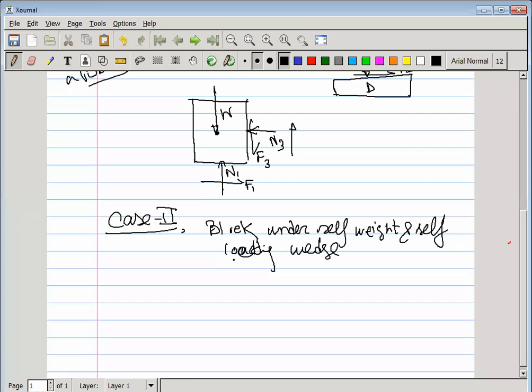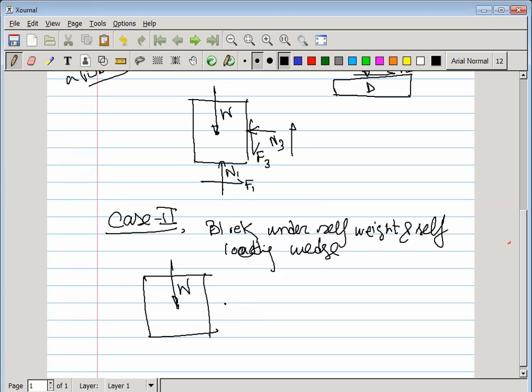What does that mean? The weight is this W, 1000 Newton, and if we keep this body self-locking, it has a tendency to move downward. Self-locking means we have to resist the body from moving in the downward direction.